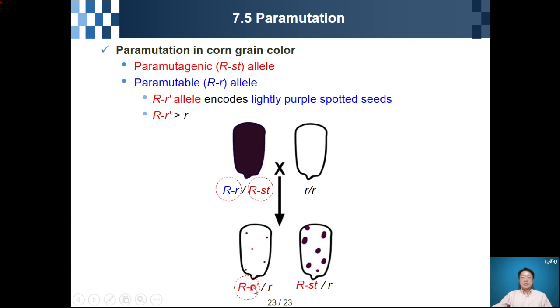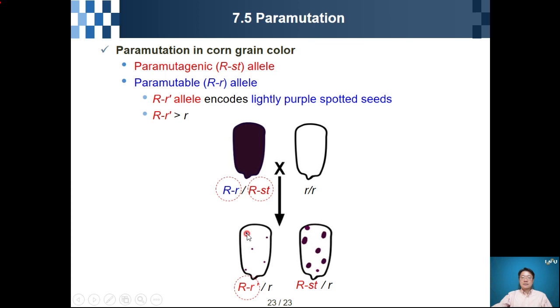This allele encodes a lightly purple spotted seed. Actually, the large R st allele encodes a lightly purple spotted seed, but in these cases the large R small r is highly methylated, so they make the large R small r prime allele.